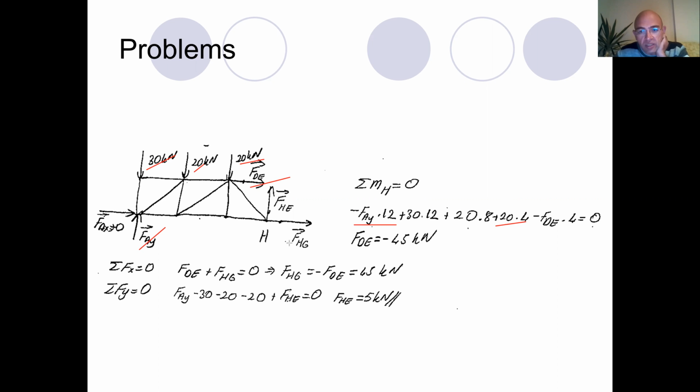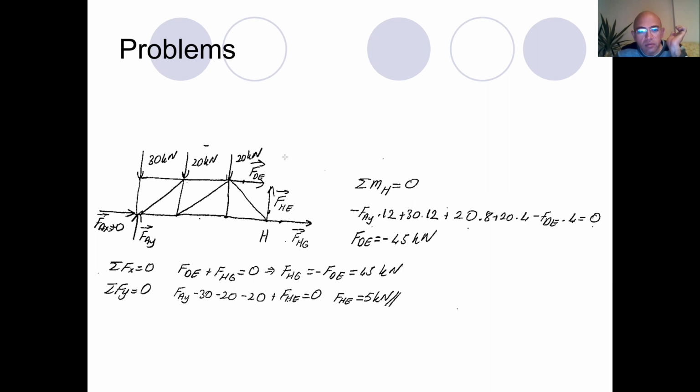So again, it is negative because FDE will try to rotate the structure in clockwise direction. From here, I can calculate the FDE. The value for FDE will be then minus 45 kilonewtons. Okay, now I have found the force in FDE.